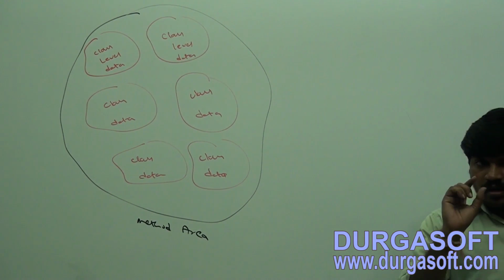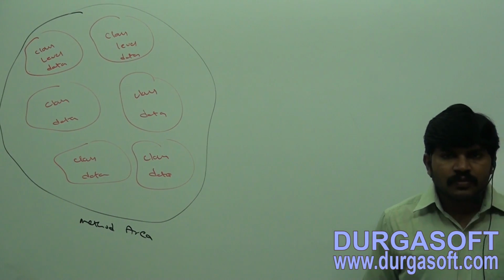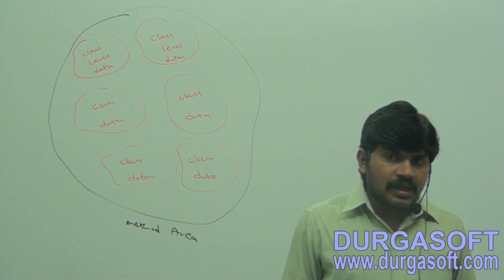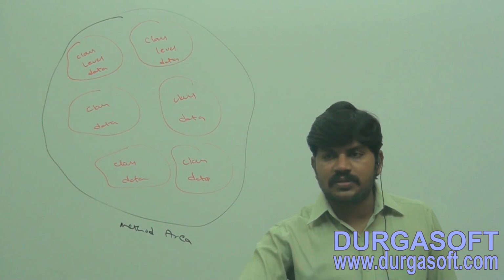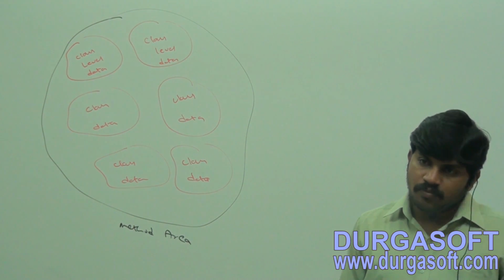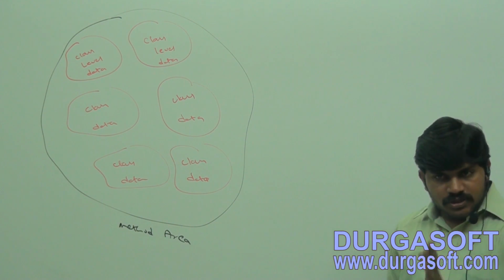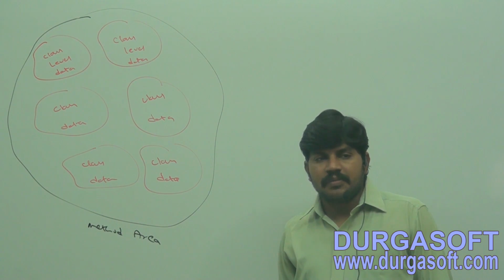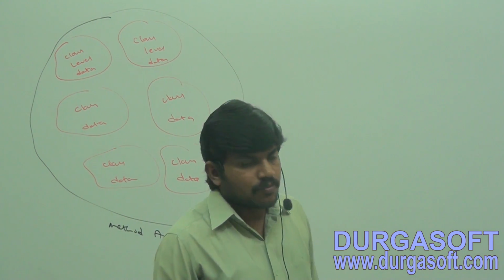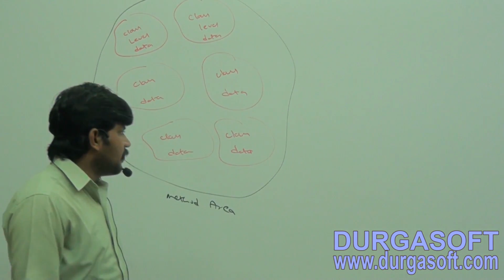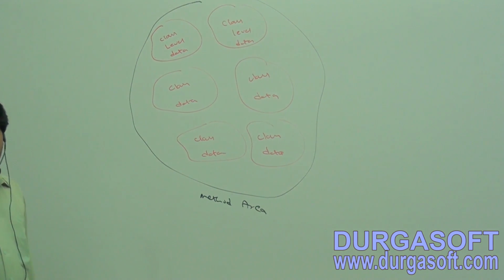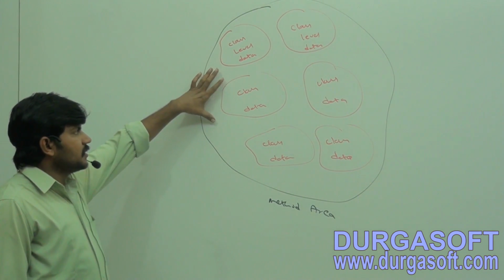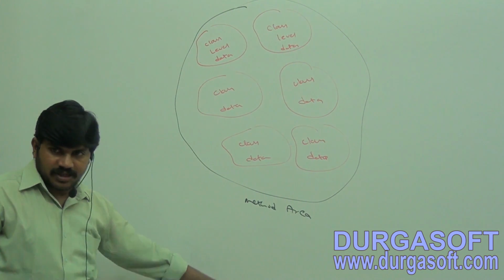Next, constant pools of a class will be stored inside method area. Okay, now just take this diagram first and then the remaining things I will explain.